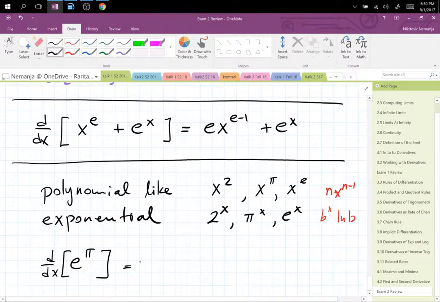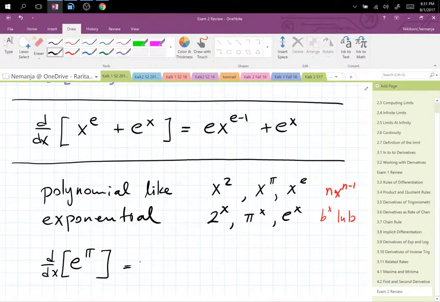Wait, hold on. No, it's e to the pi. That's what I'm saying. If I guess long enough, I'll be right. So what's the derivative? Zero. Nice. Why?